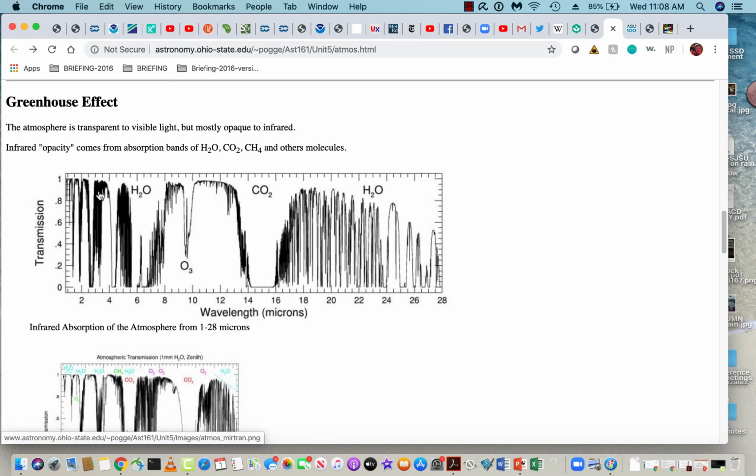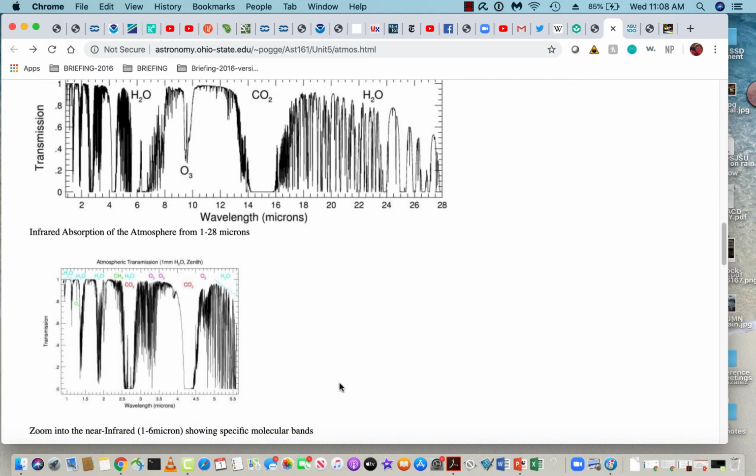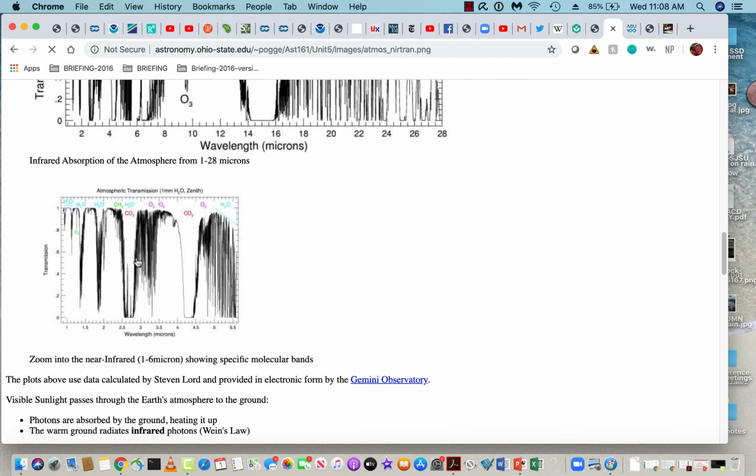And this is the impact of individual molecules and species of molecules in the atmosphere, absorbing radiation, including effects like those rotational and vibrational effects that are going on inside the molecule. If we click on this one down here, which is a close-up, I think you can click on this too.